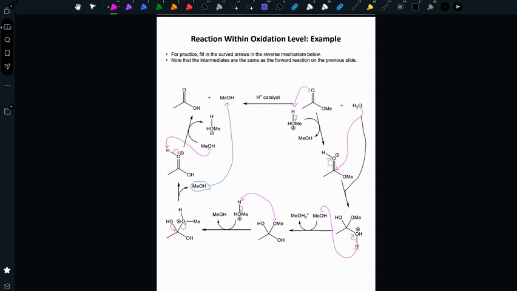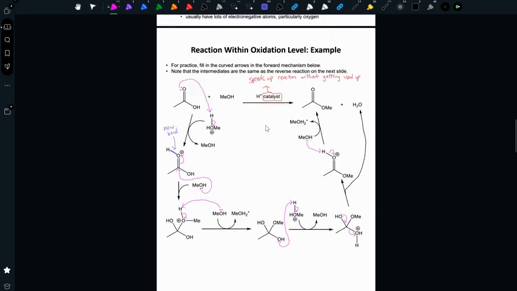Okay, so that was an exercise to just show that when we're dealing with reactions within the same oxidation level, we generally have mechanisms that we can go back and forth using similar conditions and following similar mechanisms with the same intermediates.